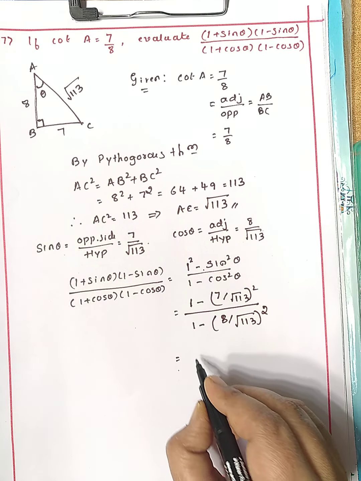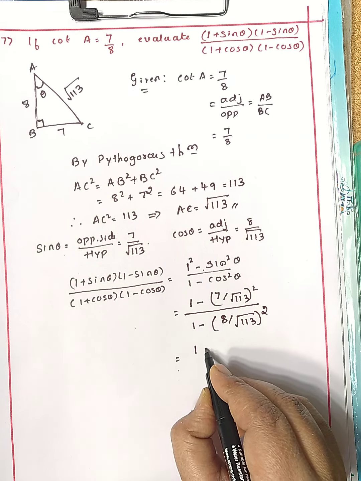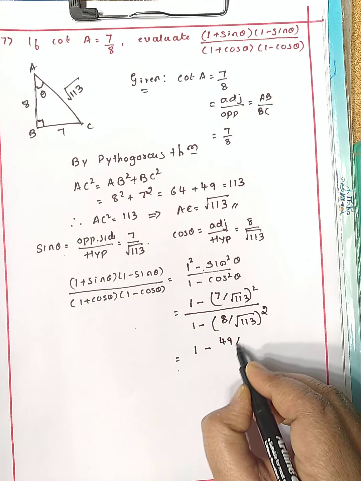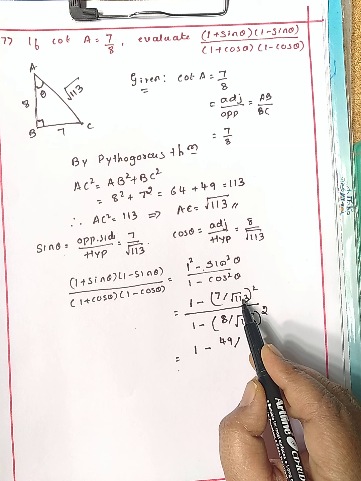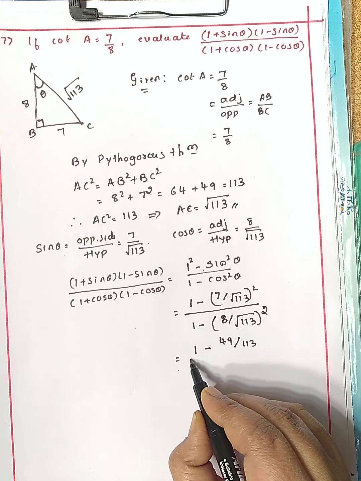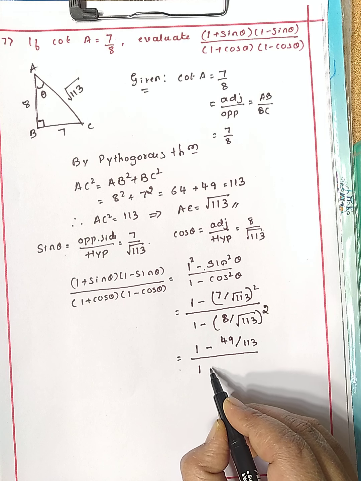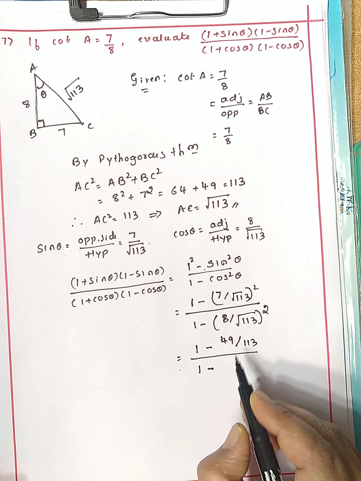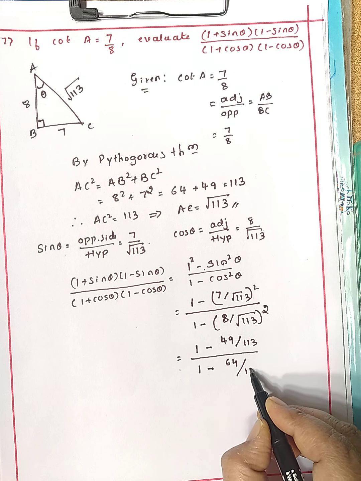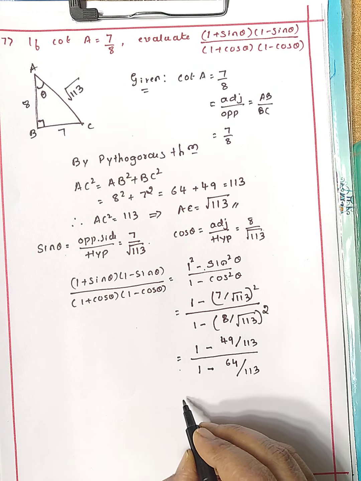So what does it become? 1 minus 49 upon 113, divided by 1 minus 64 upon 113. Again it becomes 113 over 113.